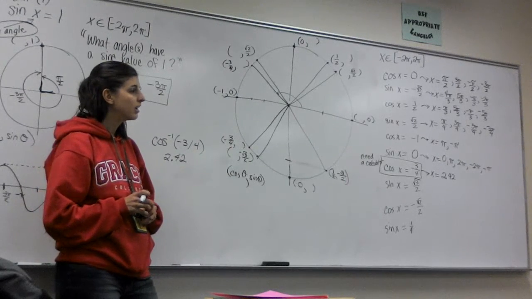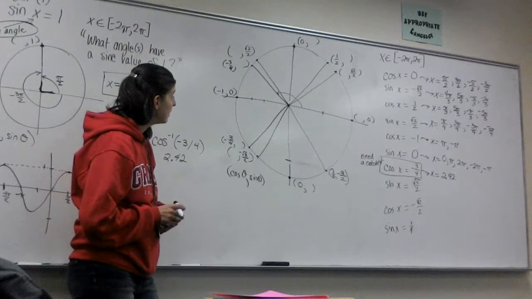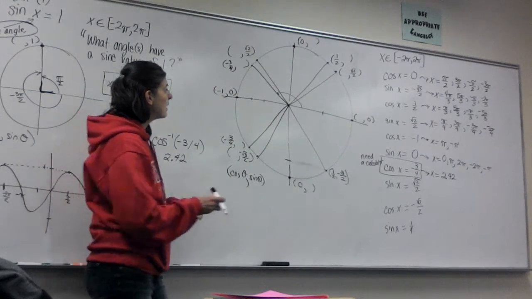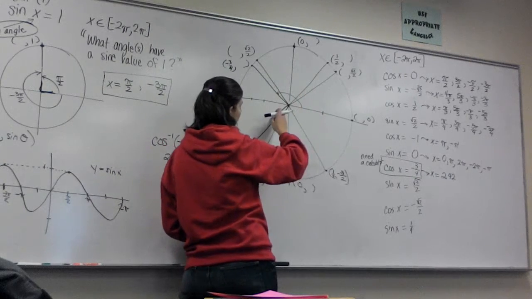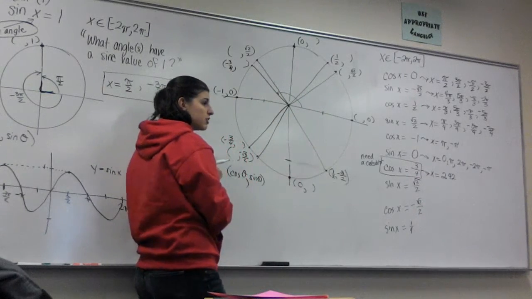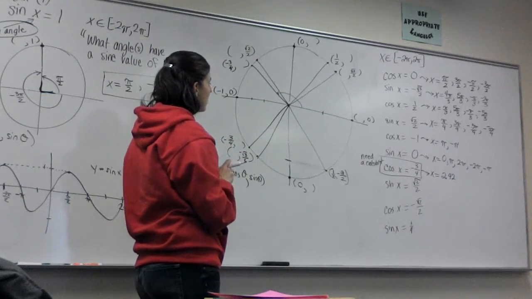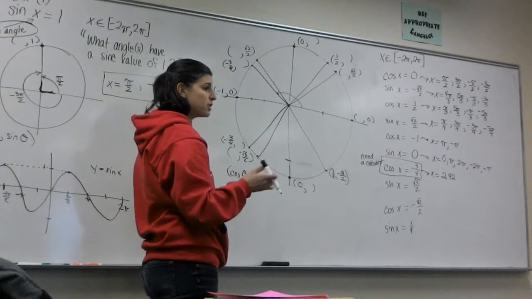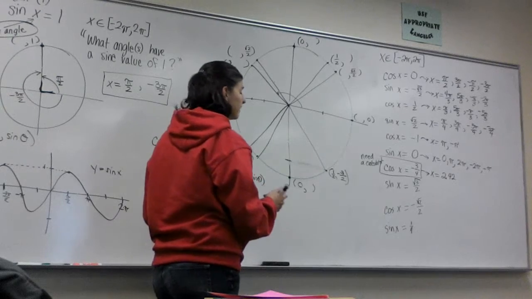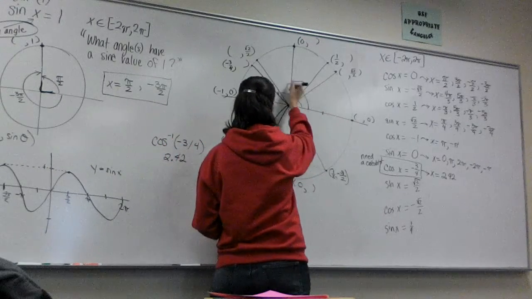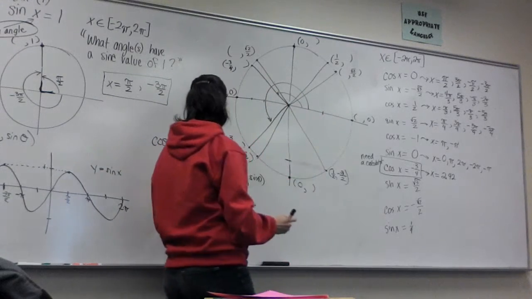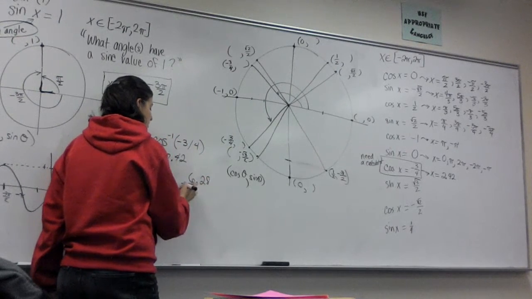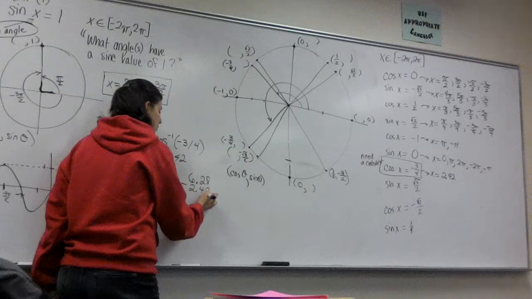2 pi minus 2.42. Okay, that's not a bad idea. 2 pi minus 2.42 will give me this angle. Very good. That's a good way to do it, and probably the fastest way, though not the only way. So 2 pi is 6.28, and you need to subtract 2.42.